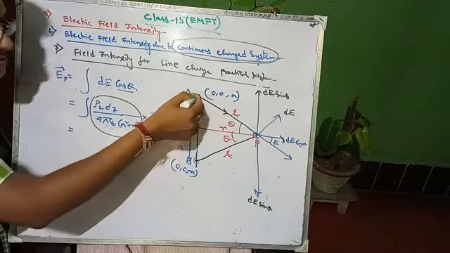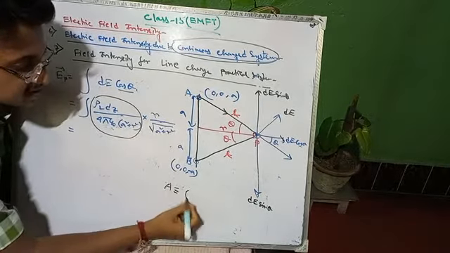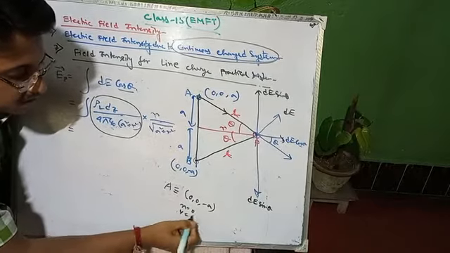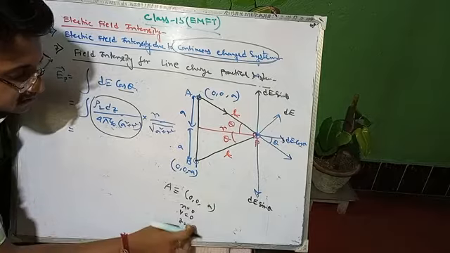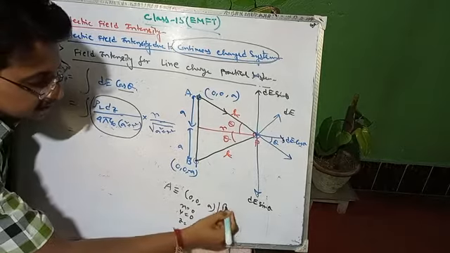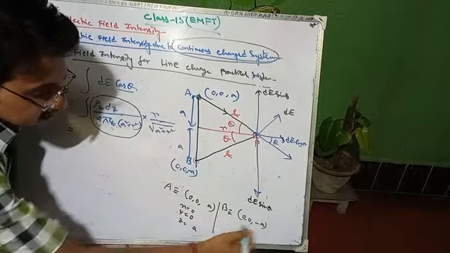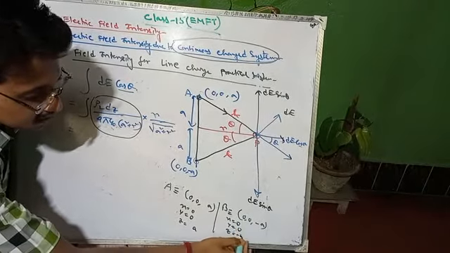This A coordinate has 0, 0, a, that means x equals 0, y equals 0, z equals a, right? And similarly B equals 0, 0, minus a, that means x equals 0, y equals 0, and z equals minus a.